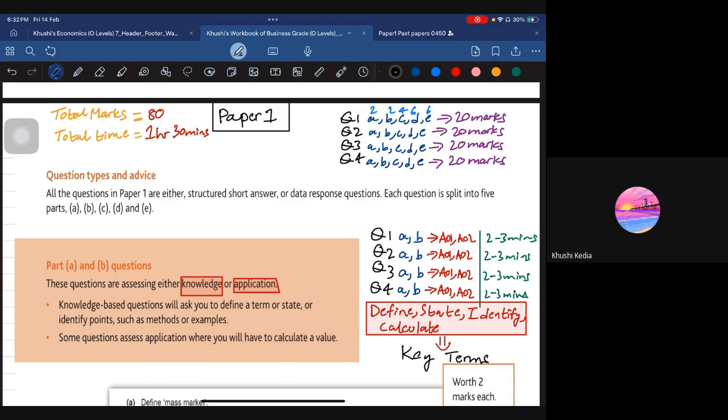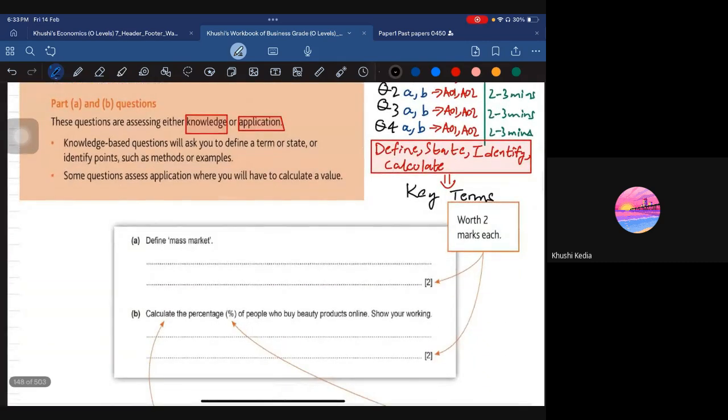Now the next thing that we have here is that we have to see one question. Let's suppose this is a question: define mass market. You say large number of goods produced for large number of buyers or sellers. That is going to give you 2 marks because you have identified two things here.